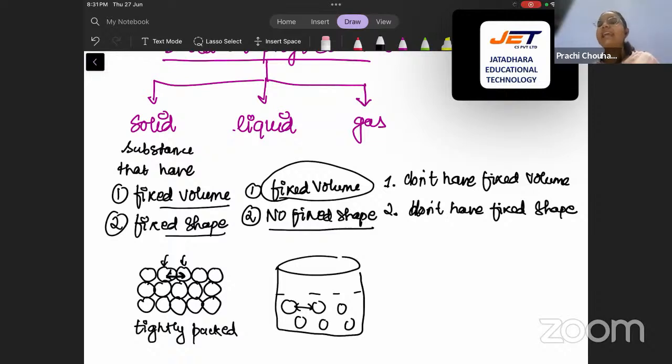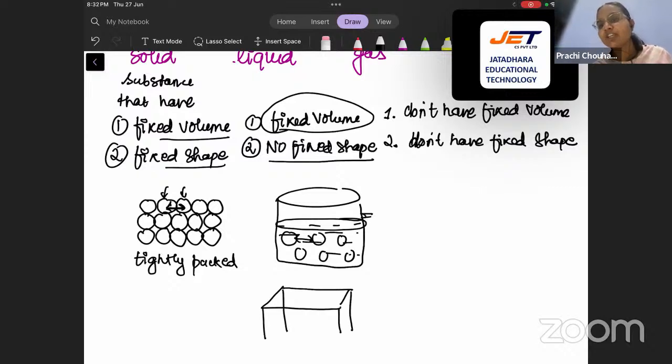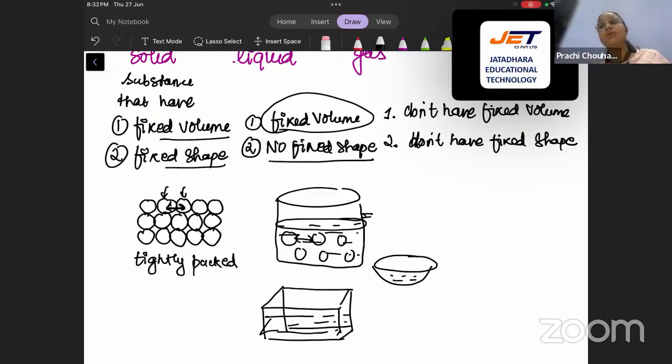What does that mean? It means here it is present in this beaker, right? So right now it is present in the shape of this beaker. Now let's suppose I transfer it into a container which is a cube. Now this liquid will take the shape of this cube. Similarly, if I transfer it to a bowl, then it will take the shape of the bowl. So here I'll say that it does not have a fixed shape, whereas the volume remains the same.